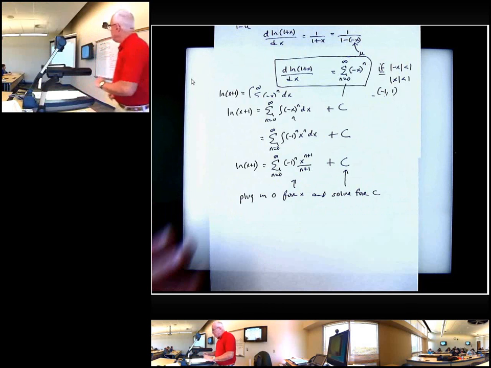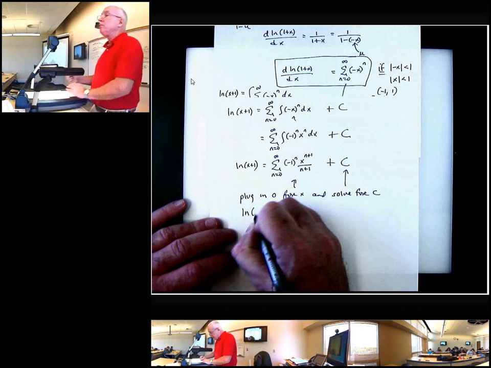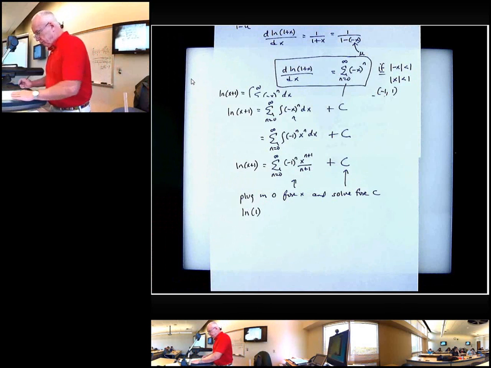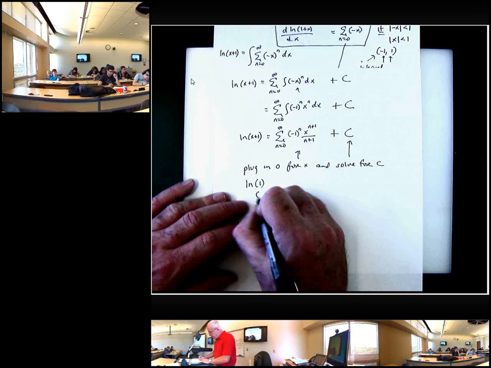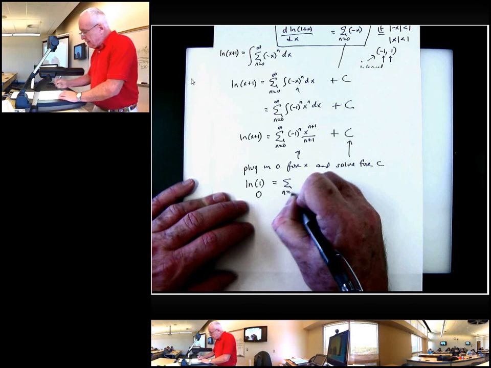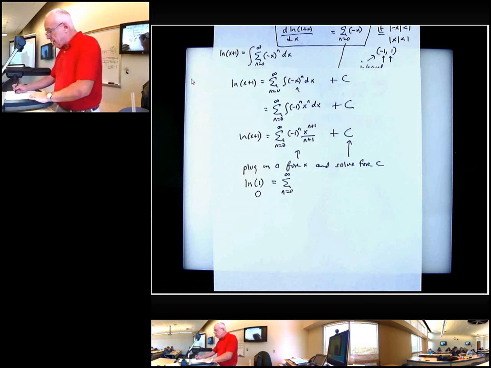So when I plug in 0 for x on the left side, I just get the ln of 1. And what does the ln of 1 equal to? 0. And then I go to the right side and I have this summation. Now, my first power of x is 1, because it's x to the n plus 1.